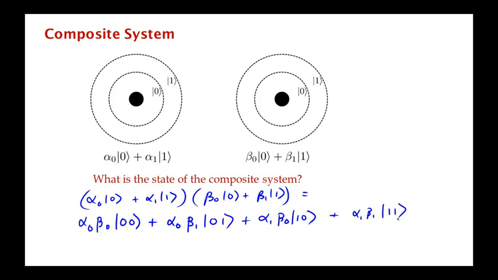So for example, suppose the states of the 2 qubits were, the first one was in the plus state, and the second one happened to be in the state 1 over 2, 0 minus square root 3 over 2, 1, sorry.